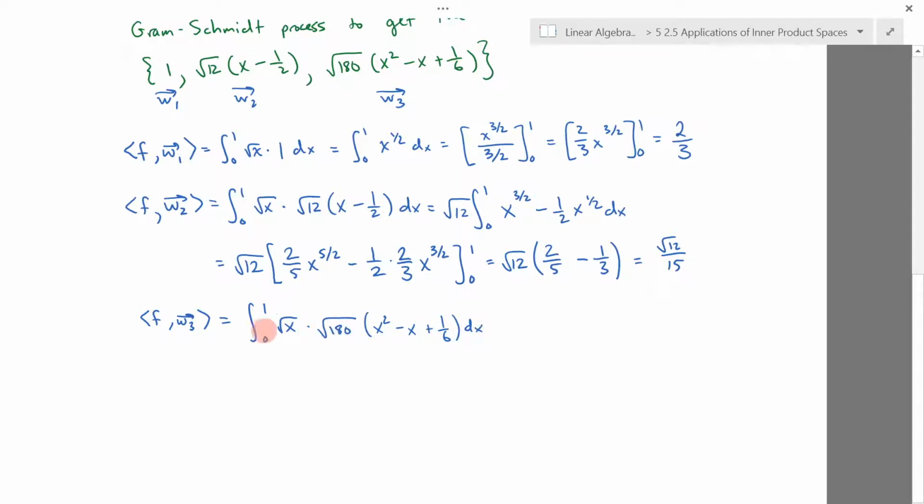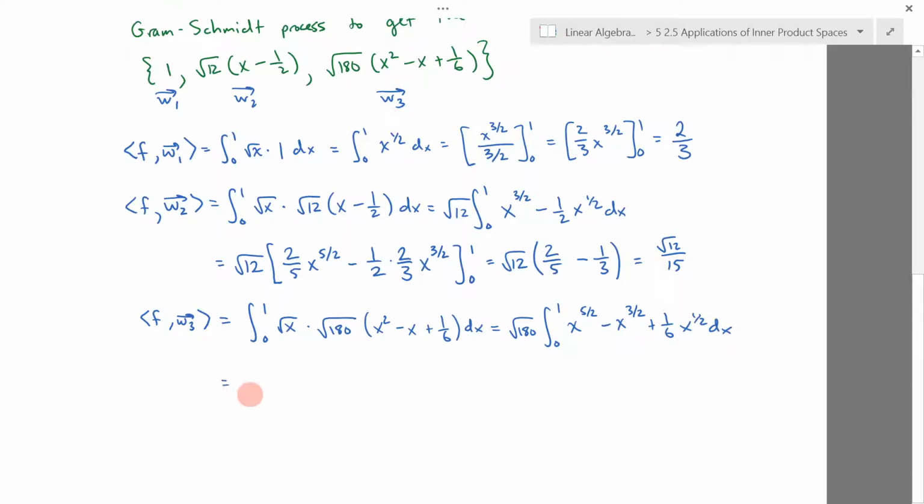Again, this is a constant, so it comes out. And then I have to distribute this x to the 1/2. 1/2 plus 2 is 5 halves. 1/2 plus 1 is 3 halves. And then this is just times a constant, so you get plus 1/6 x to the 1/2.